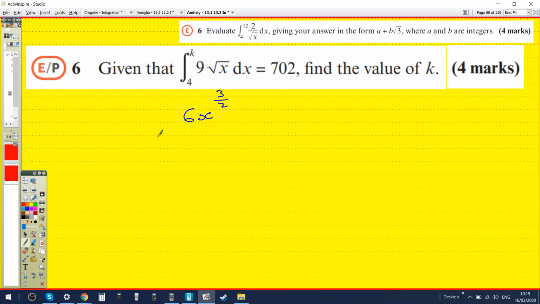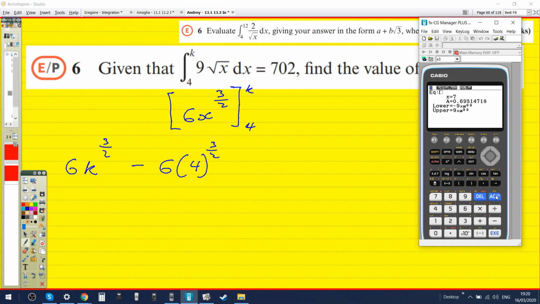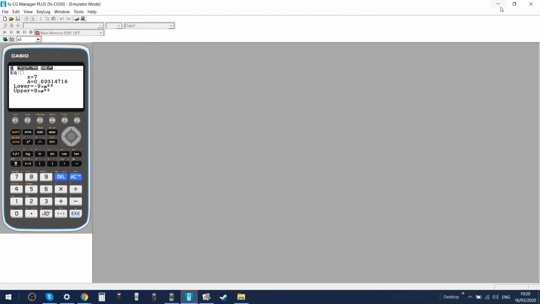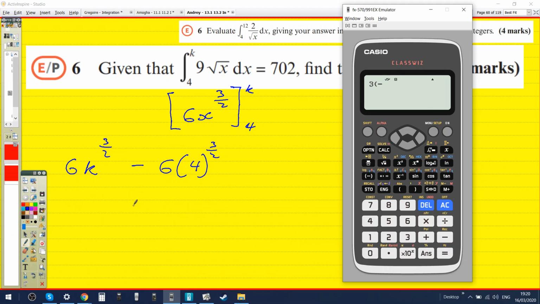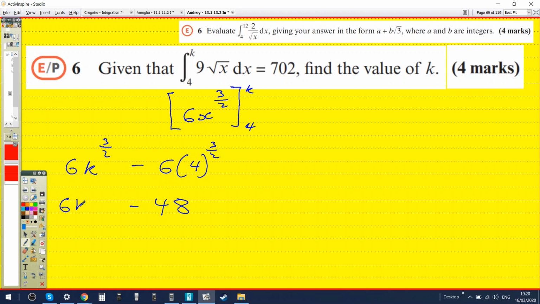And then with that, I then need to do brackets 6 and then bracket k to the 1.5 minus 6 times 4 to the 1.5, which would equal 6k to the 1.5 minus 48 equals 702.